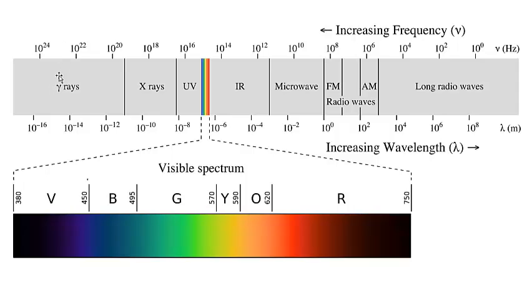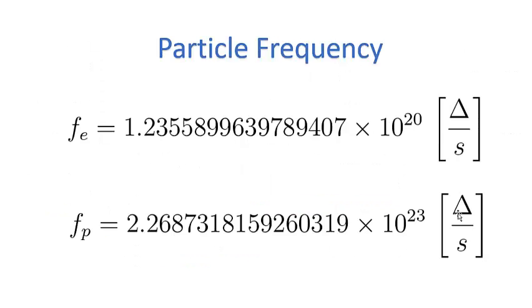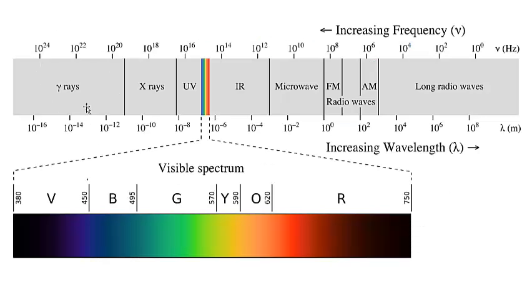It is well known that gamma rays come from the nucleus of the atom, generally from radioactive decay, but basically they emerge from the nucleus of the atom where the protons live. So again, it makes sense that the frequency of the proton is in the order of the frequency of the gamma rays, because that is where gamma rays come from, the nucleus of the atom.